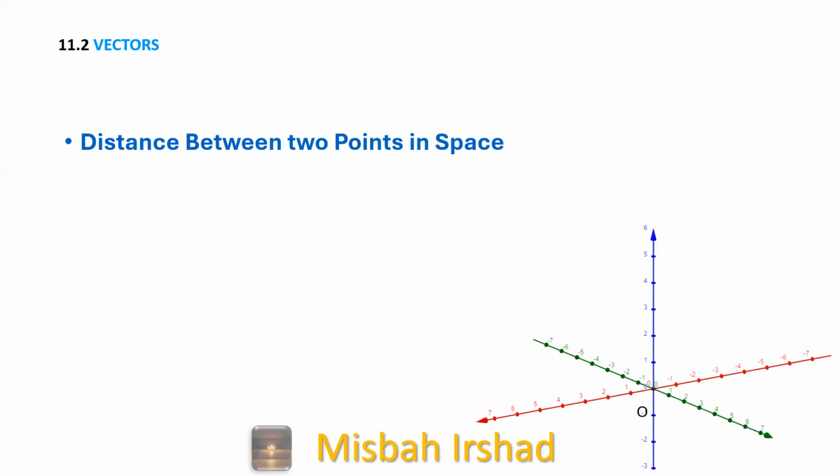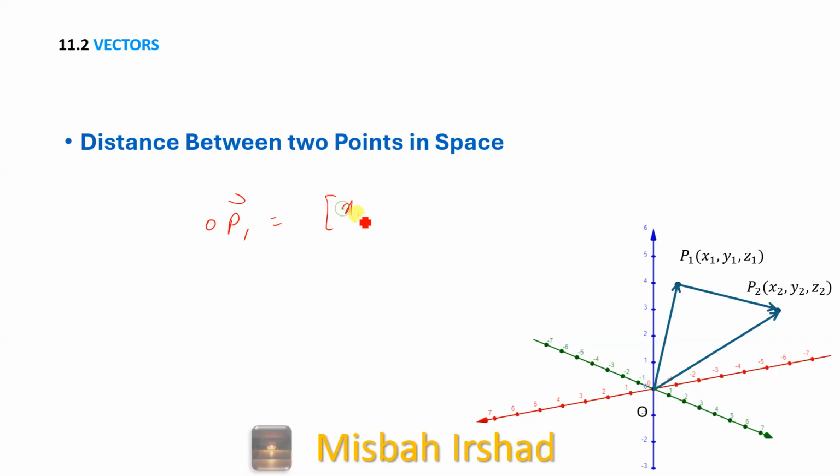Well, the distance between 2 points in space can be found by the magnitude of the vector joining these 2 points. If we have vector P1P2, what is the OP1 vector here, which is the position vector of P1? It can be written as x1, y1, z1.